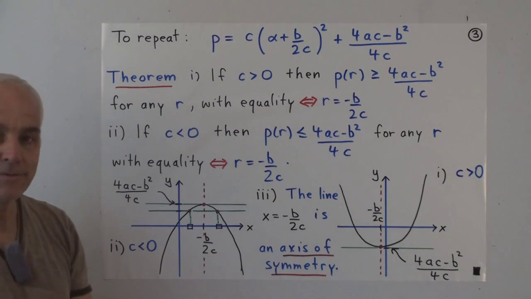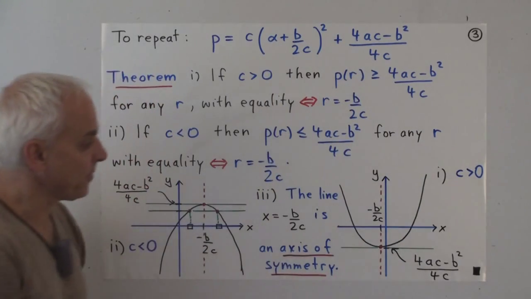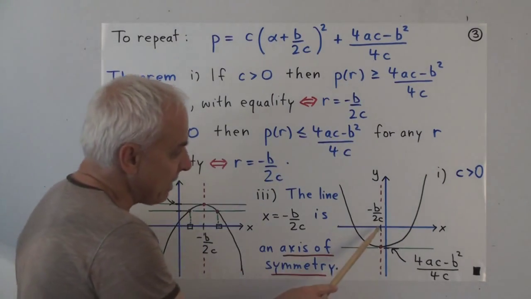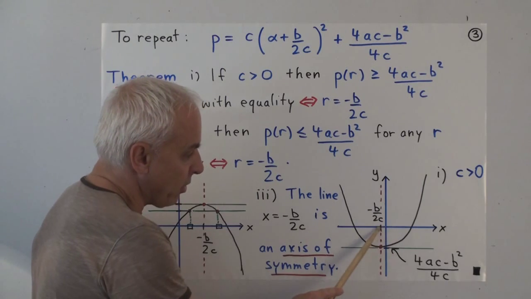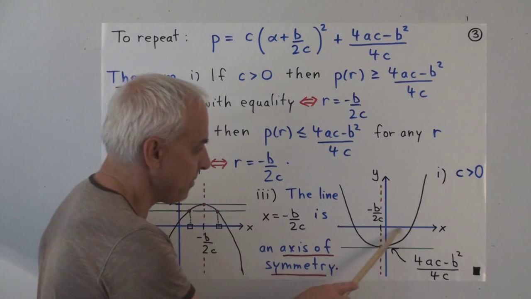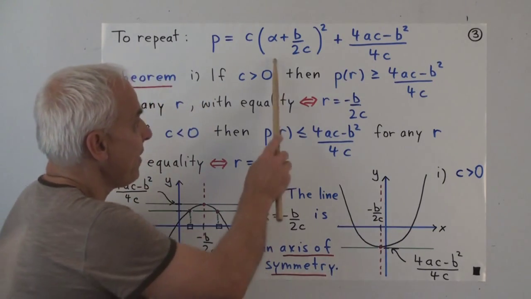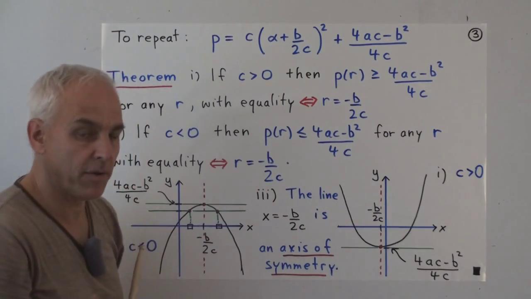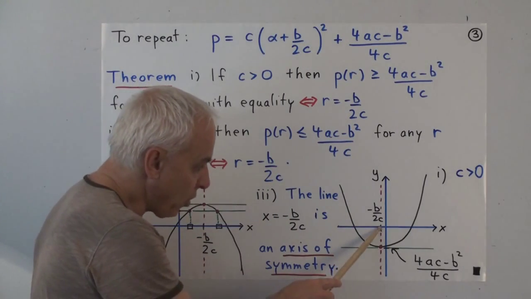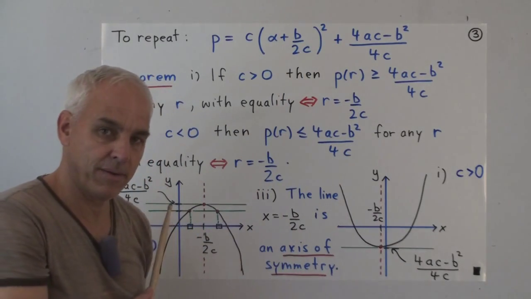And why is that? Well, it's again because of this expression here. If you take any point where you add r to the coordinates, so if you have some value x here, so that you're adding r to minus b over 2c, then this quantity here will just be r. On the other hand, if you go r in the opposite direction, then this quantity will be minus r.